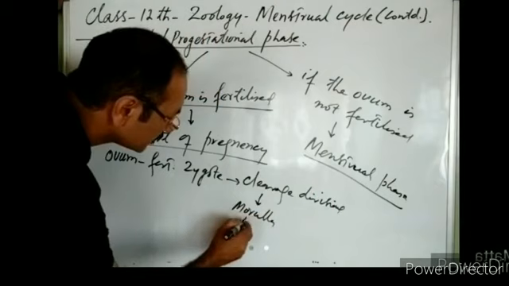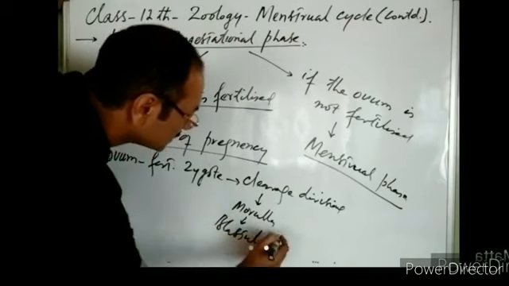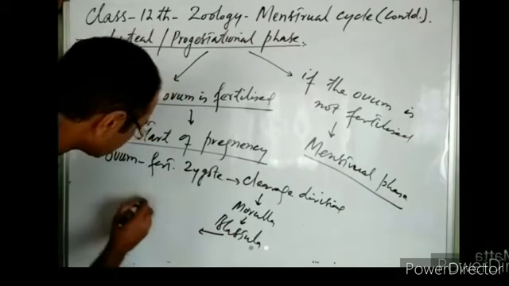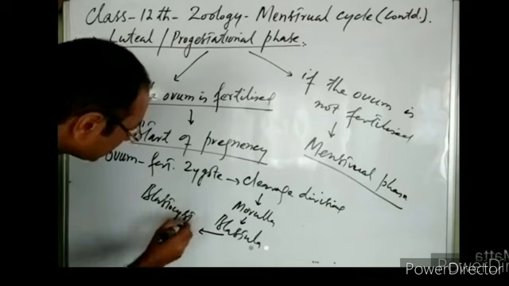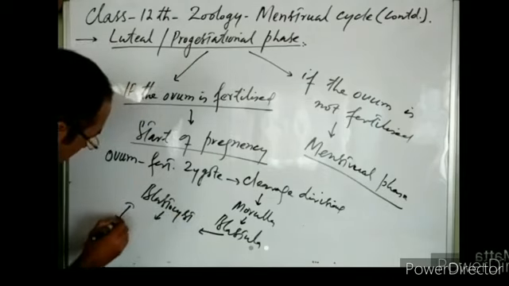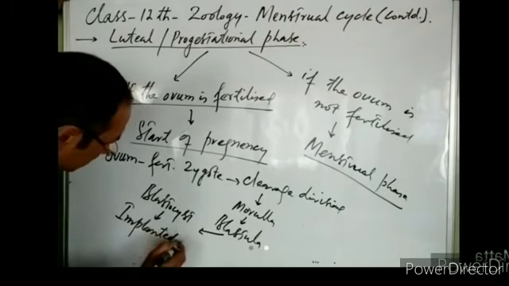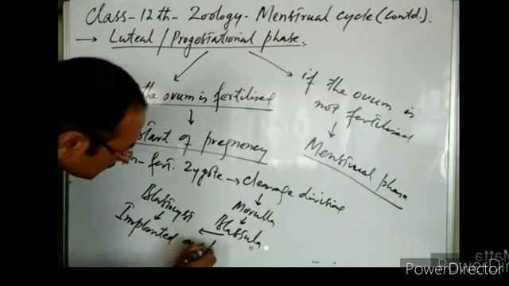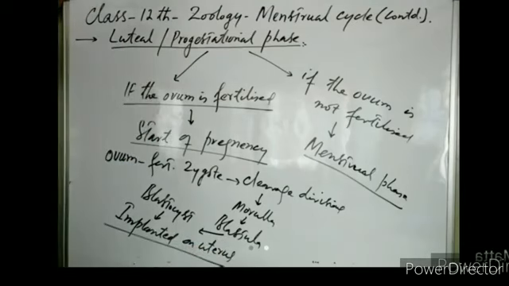Morula will then change into blastula. Blastula will then change into blastocyst. And this blastocyst gets implanted. It gets attached on the uterus, right? So development of the embryo will start.